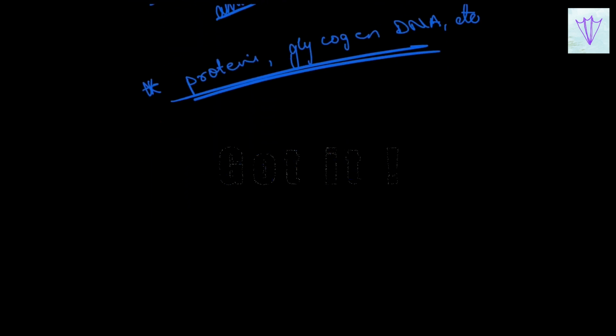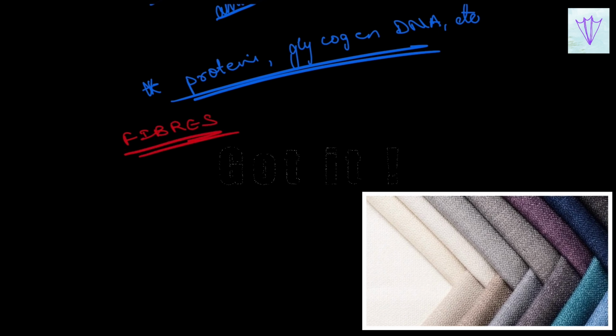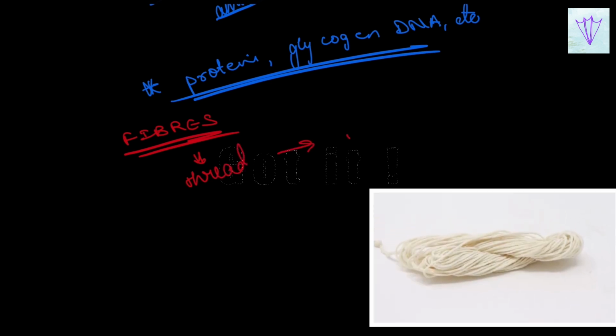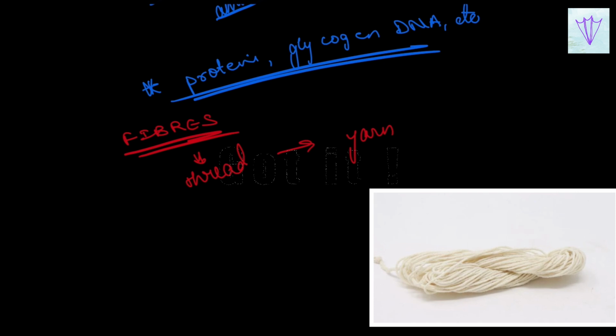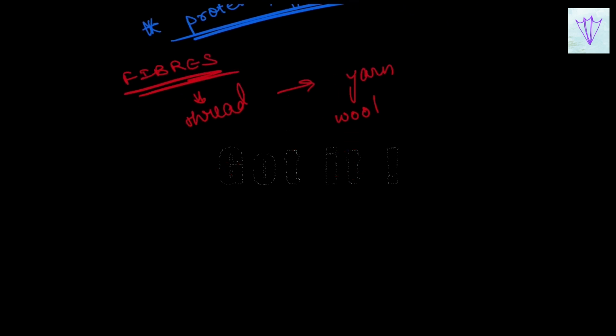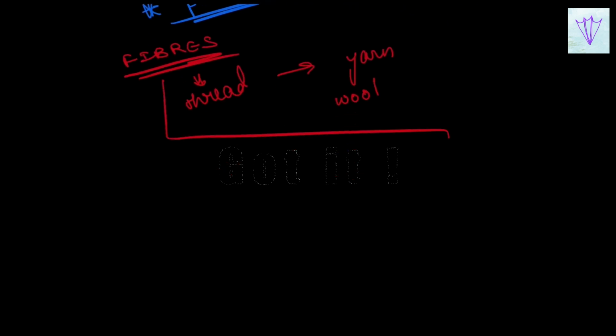Now we'll study fibers in detail. Fibers are thread-like substances that can be spun into yarn, for example, wool, cotton, jute, etc. Fibers can also be classified into two categories, that is, the natural fibers and the man-made or synthetic fibers.